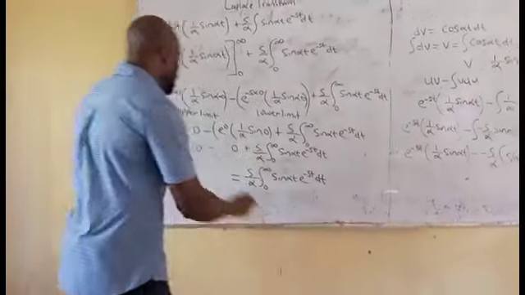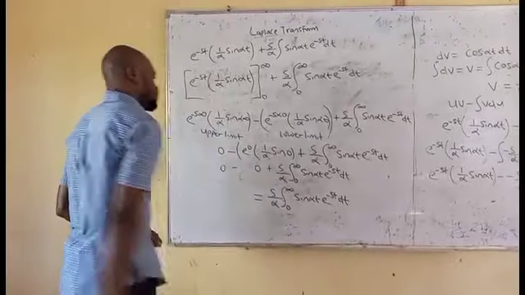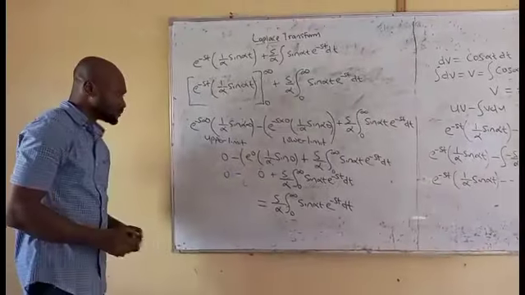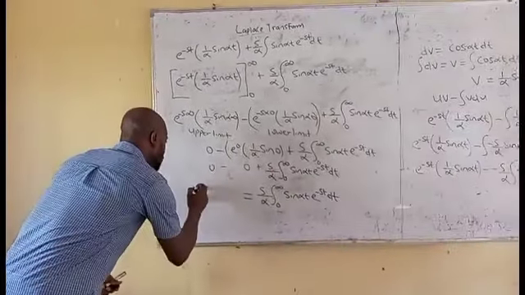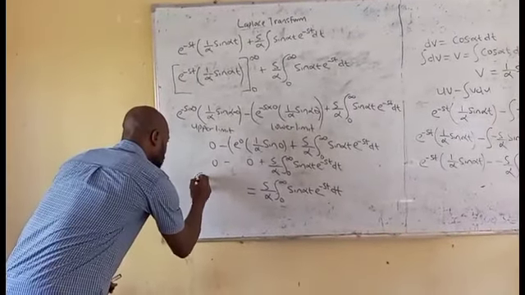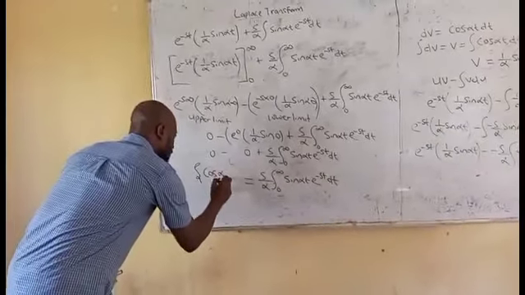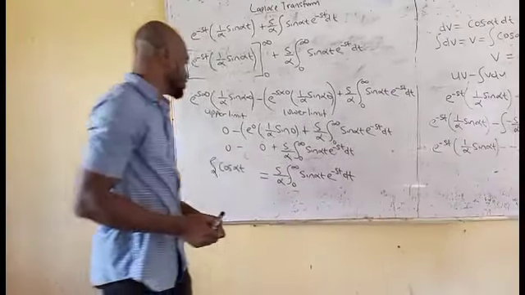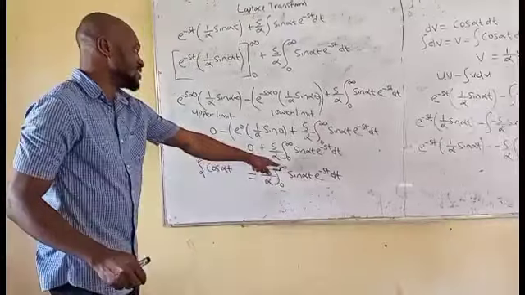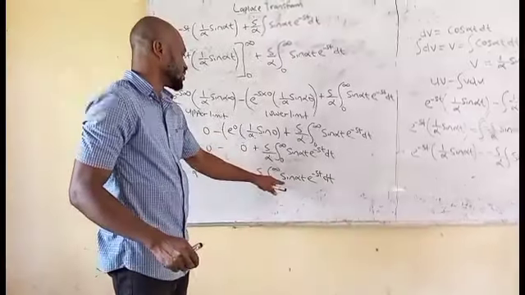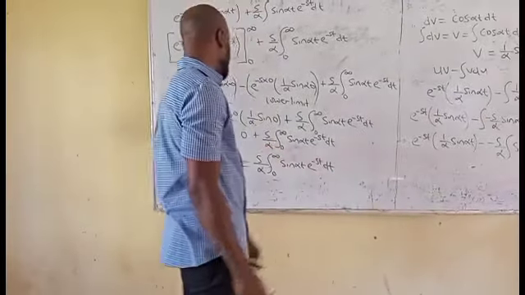This is what we are going to get now. This is your Laplace transformation. So the Laplace transformation of cos alpha t will give you x over alpha times the integral from 0 to infinity of sine alpha t multiplied by exponential minus st dt.